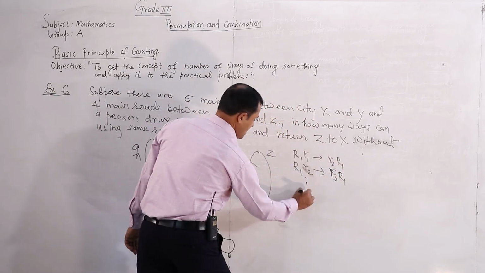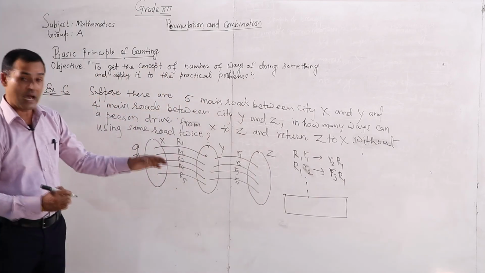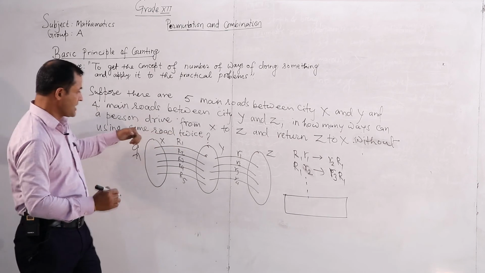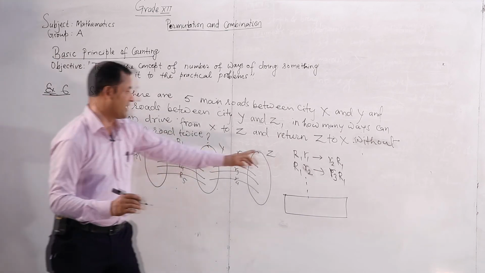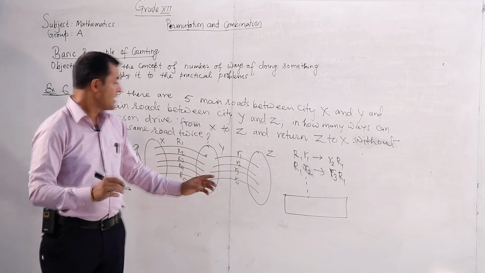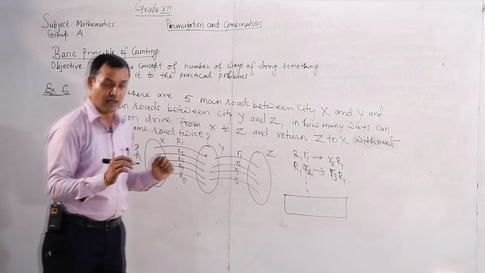This may be. So how many such possible ways are there without repeating R1 R1? R1 small and R1 capital on returning is not fine. So without those options, how many options does that person have? We are going to calculate this.